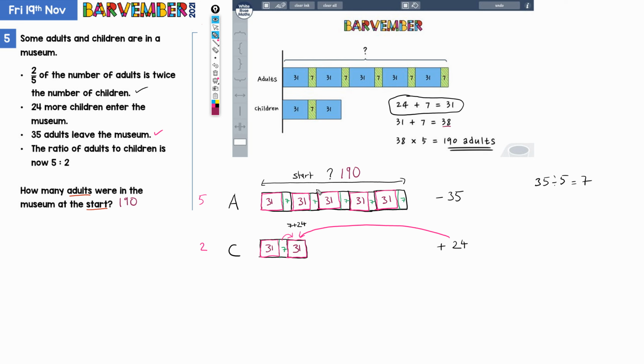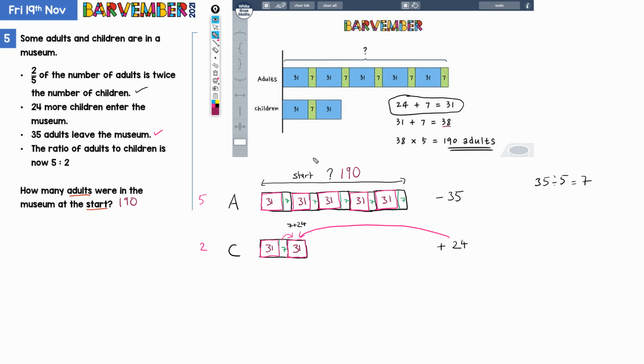If you go back and look at my video, I just went about it the other way. I distributed the gain of the 24 children, okay, I distributed that across the two parts in the end of the children, and then drew the adults model in order to reflect that.